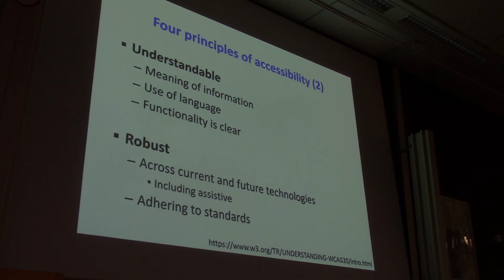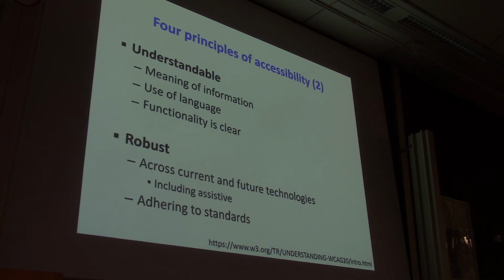And then the last thing is maybe more a technical issue. It's about robustness, so making sure that it not only works today, it also works a year or 2 or 5 years from now. The technology for normal web use changes all the time, but also these assistive technologies, like screen readers, tend to change.